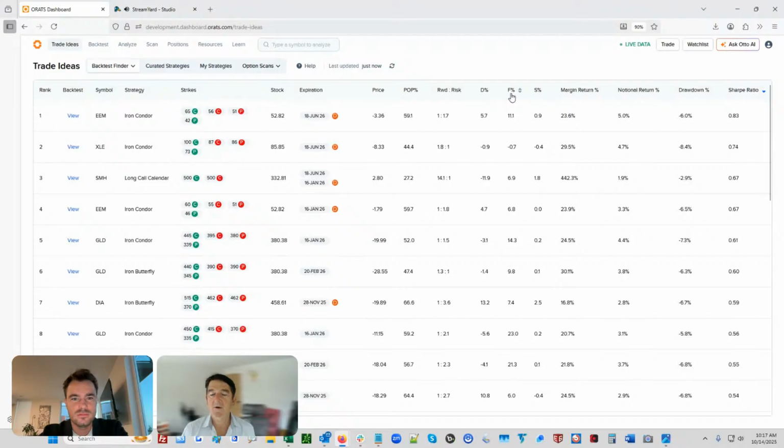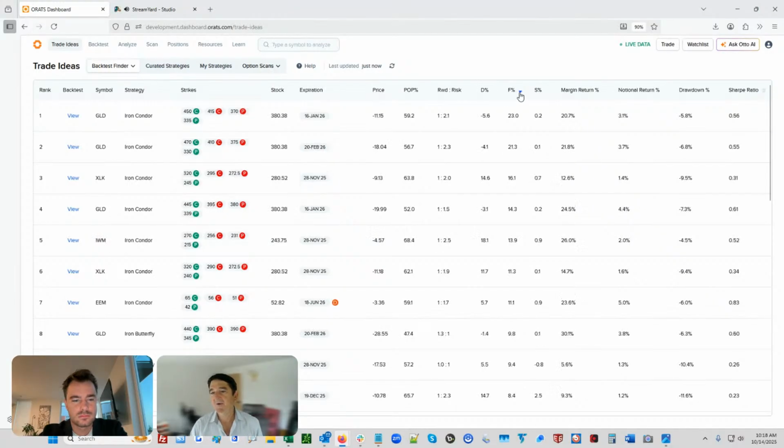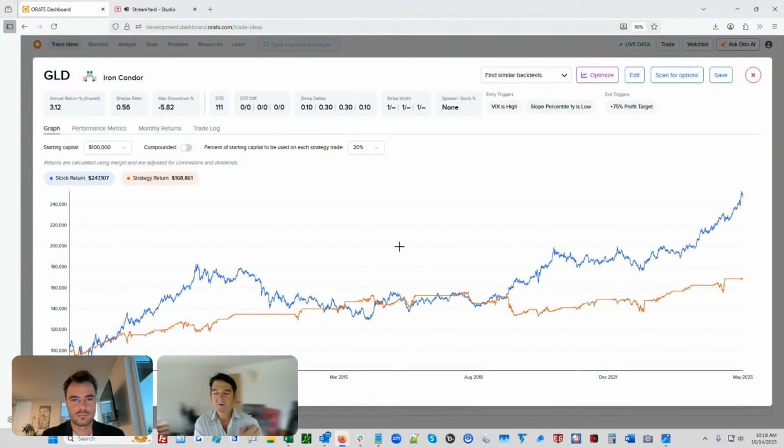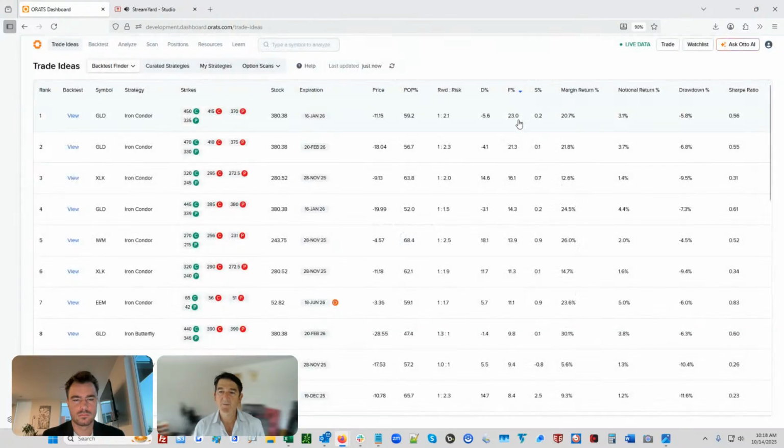Yeah, and what you want to do is look at the backtest, look at the theoretical values, and see if you agree with those. The one that has the most edge right now is gold. So you could look at the iron condor, how it's done, and the rules for it. And is this a good time?